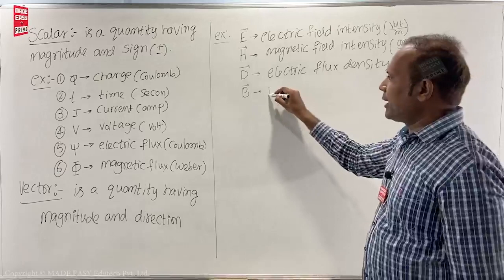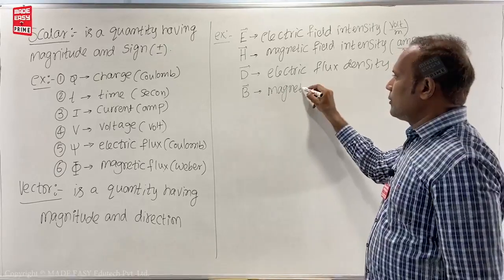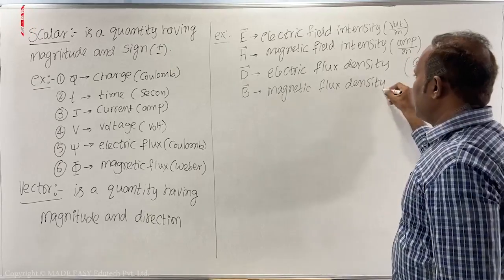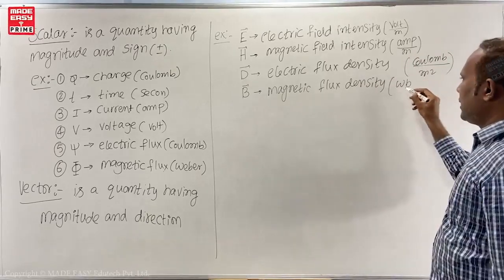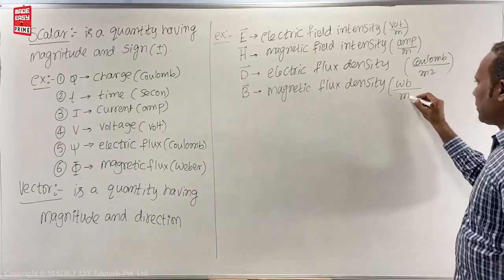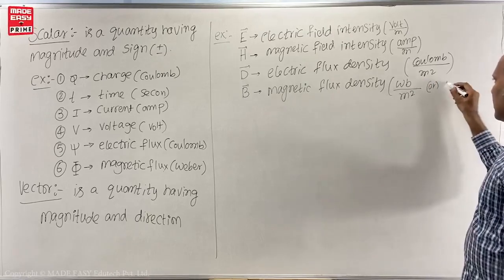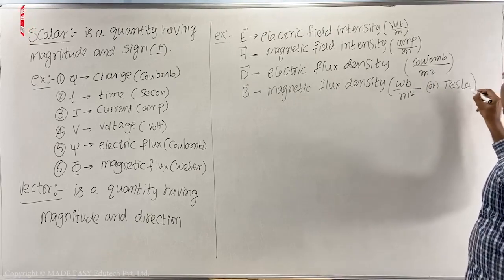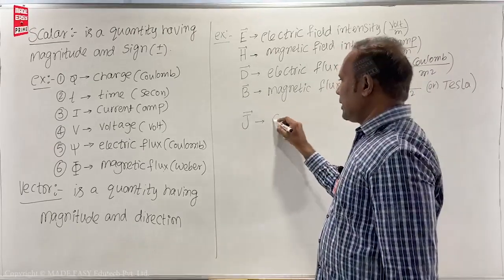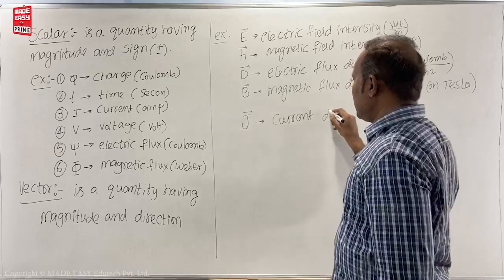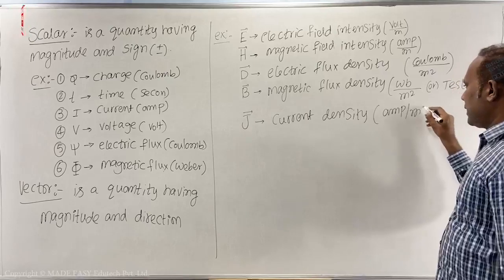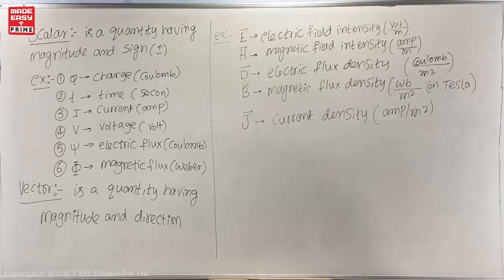So that means that is magnetic flux density, that is Weber. Weber short name is Wb, Weber per meter square. It is also called as Tesla, right? And current by area, that is current density. So ampere per meter square.